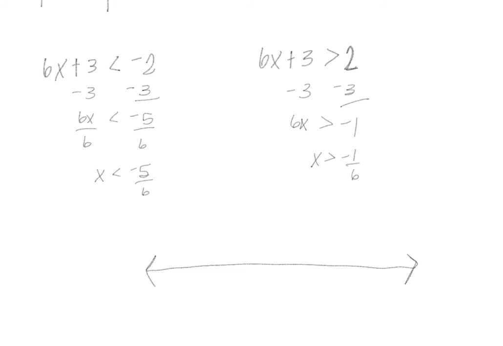You have to put negative 5 over 6 and negative 1/6 in the correct numerical order from left to right. 5 over 6 is the decimal 0.83 repeating, and 1 over 6 is 0.16 repeating, so negative 5 over 6 goes before negative 1 over 6.